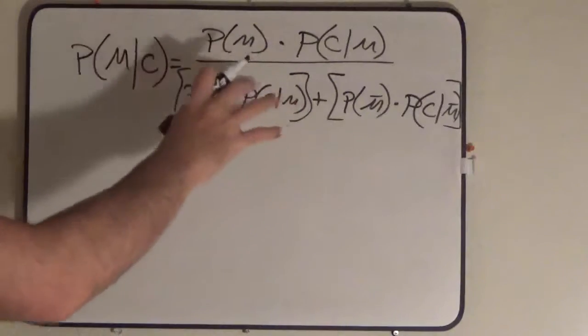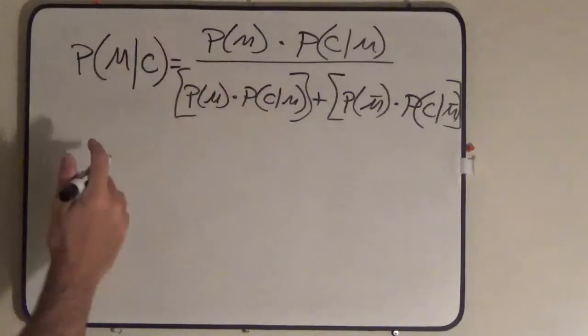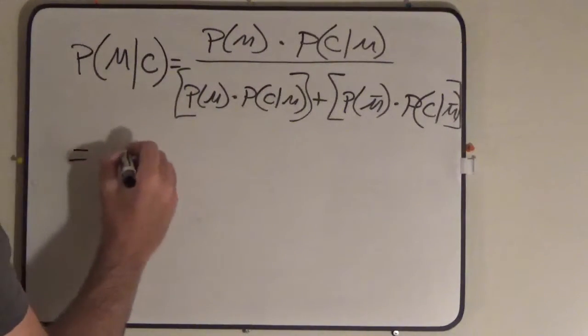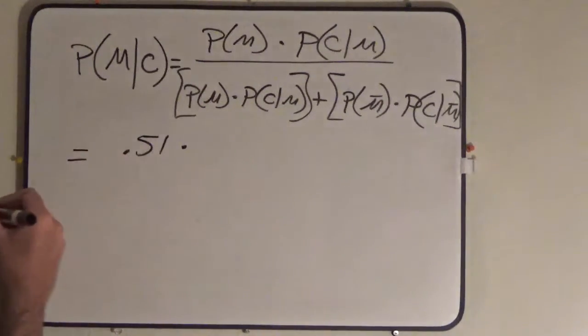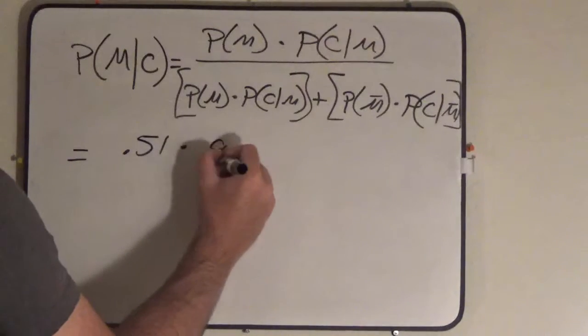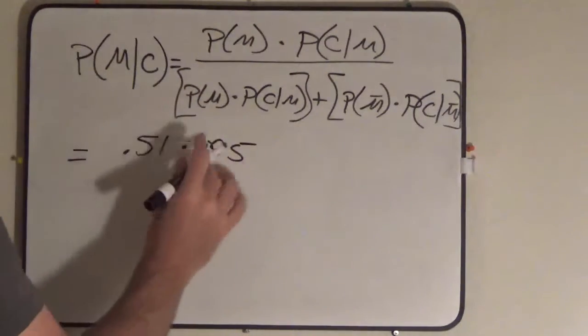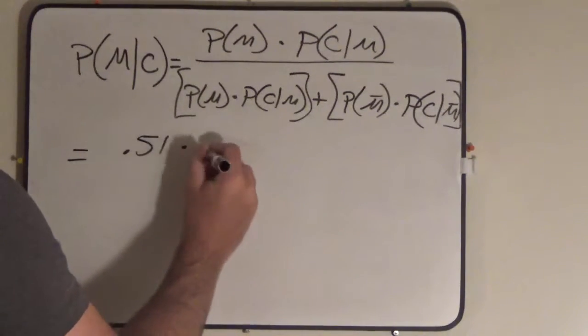We know these numbers now, we just barely found them, so we're just going to plug them in. 0.51 is my P(M), right? Times 0.095. Oh, forgot the zero. Let me rewrite it. 0.095.